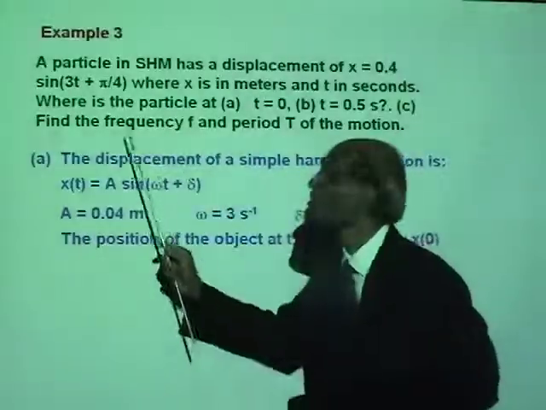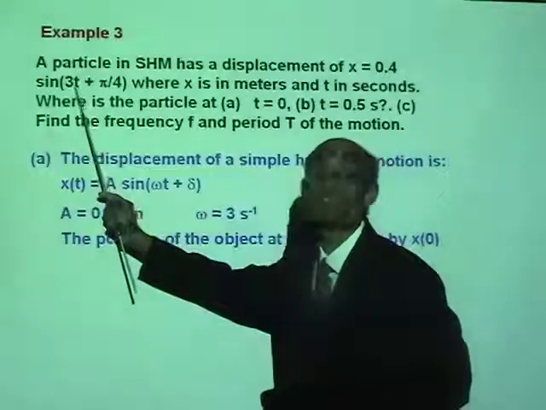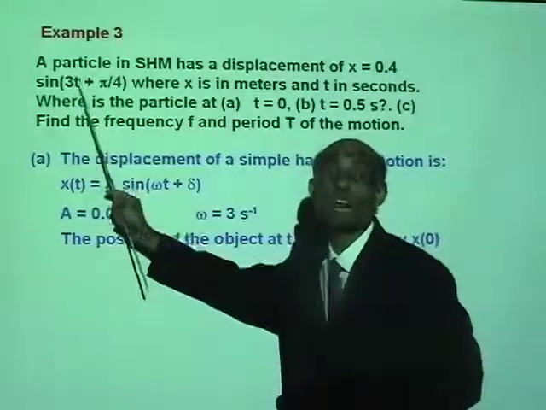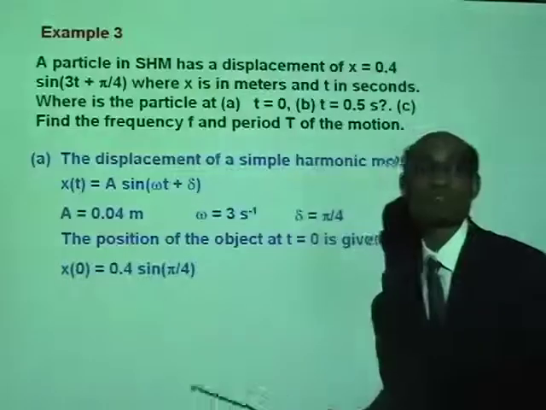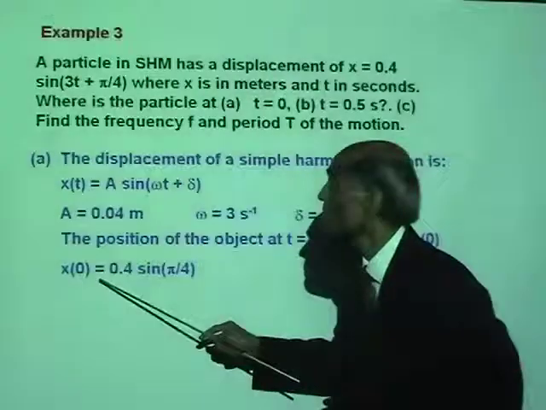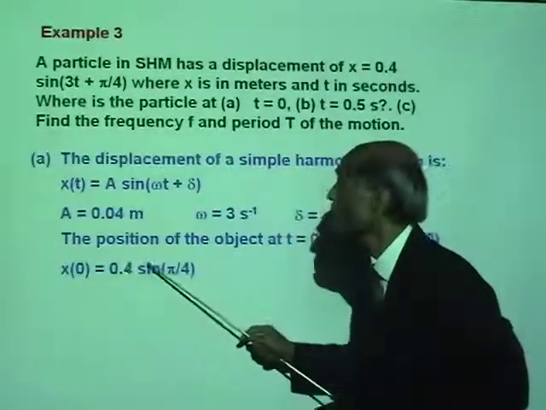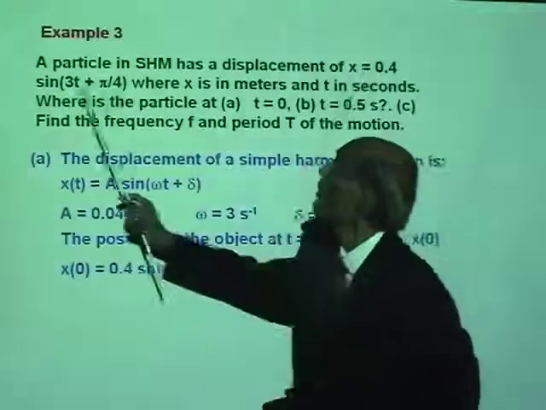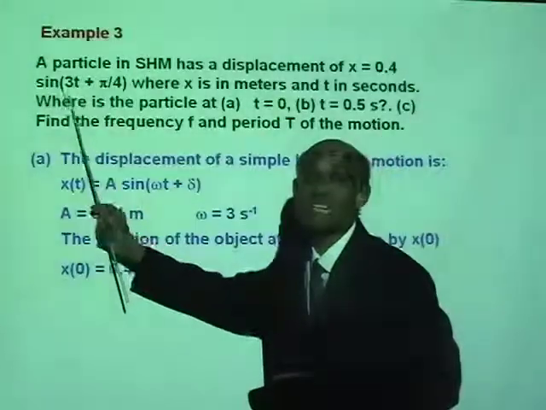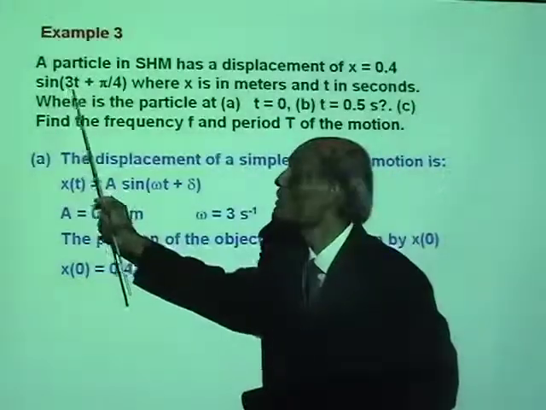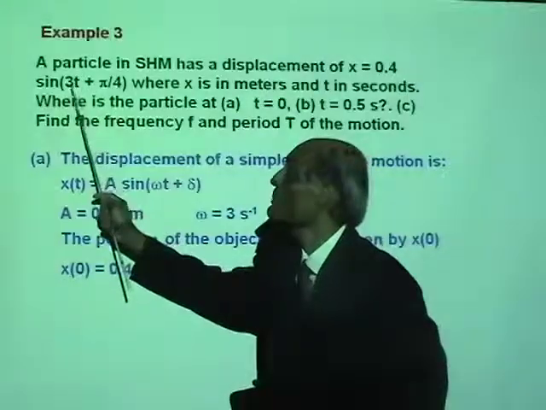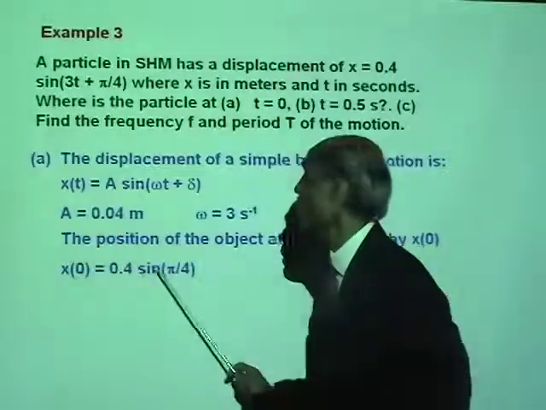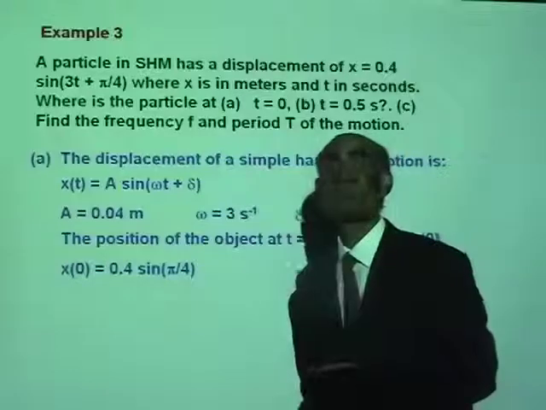To find it, simply put t equal to 0. So x of 0 is 0.4 sine, 3t is 0, so the quantity inside becomes pi by 4, sine of pi by 4.